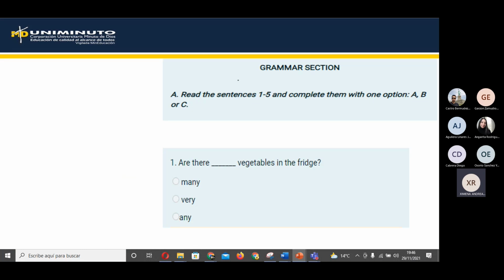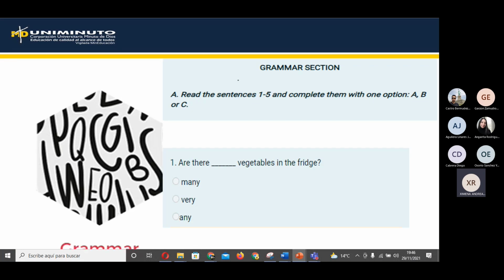Y atendiendo como a esa gramática, simplemente ellos nos ponen ejercicios de selección múltiple en donde hay que leer algunas opciones y elegir cuál podría ser la respuesta correcta. Pero también vamos a tener párrafos en donde debemos ubicar la palabra adecuada. Recuerden que este tipo de pruebas son tipo de pruebas Saber Pro, en donde es elección múltiple, multiple choice, con una única respuesta. Entonces, allí tenemos algo de ventaja porque, pues, digamos que las opciones ya están creadas.